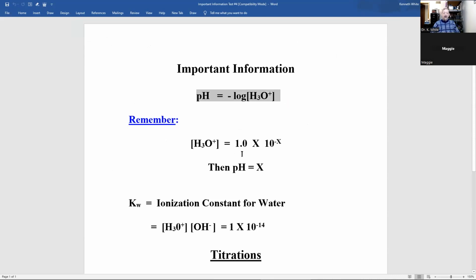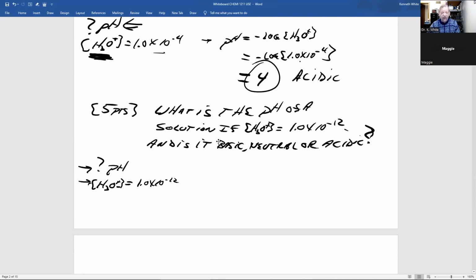And if the hydronium ion is 1.0 times 10 to the minus x, the pH is x. So we now know pH equals minus the log, that's short for logarithm, of the hydronium ion concentration. And we know what that is.